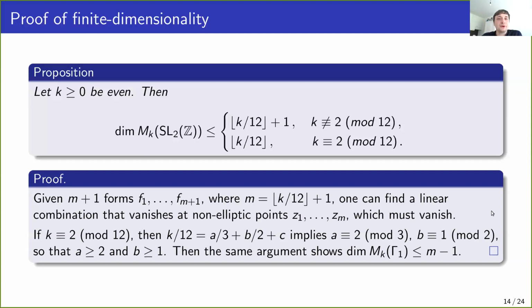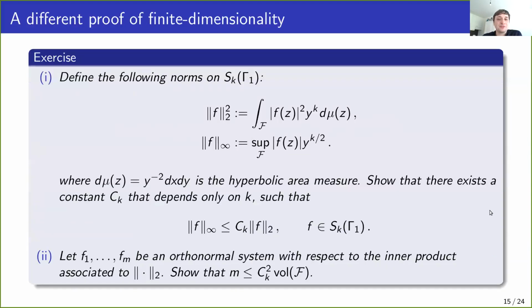So hopefully it's clear. Now, for people who prefer more analytic arguments, there's a nice proof which doesn't necessarily give good bounds, but it's easier to generalize to some situations which don't necessarily involve analytic objects.